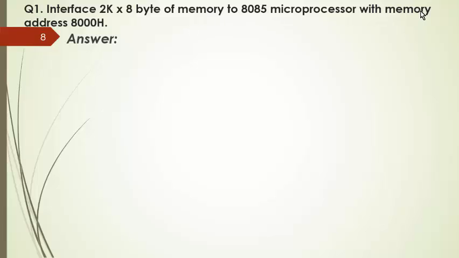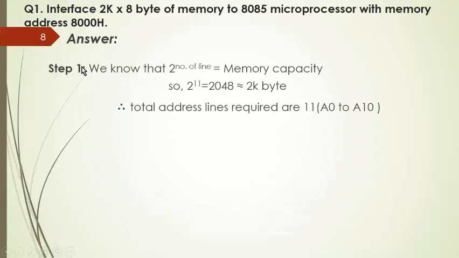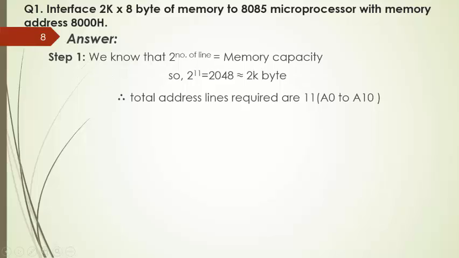So 2 kilobyte of memory capacity with 8 data lines, that is 2K by 8, and the starting address is given as 8000x. We will go stepwise.